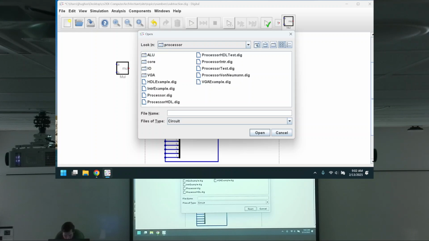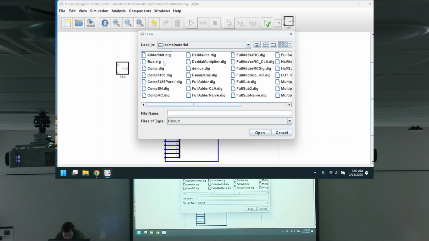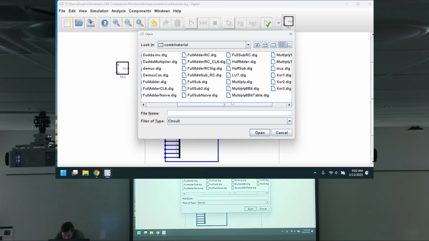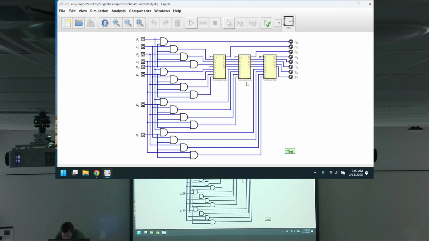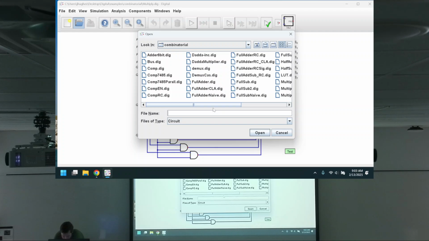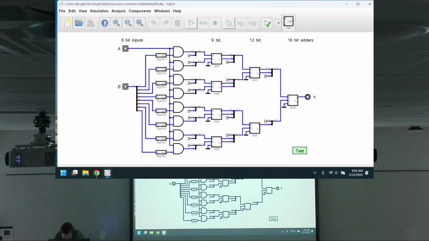No. Multiply. Okay, well, they're using multiple full adders. But the point, you can see that they're doing something in hardware. I'm guessing this is just using the multiply. Oh, no.